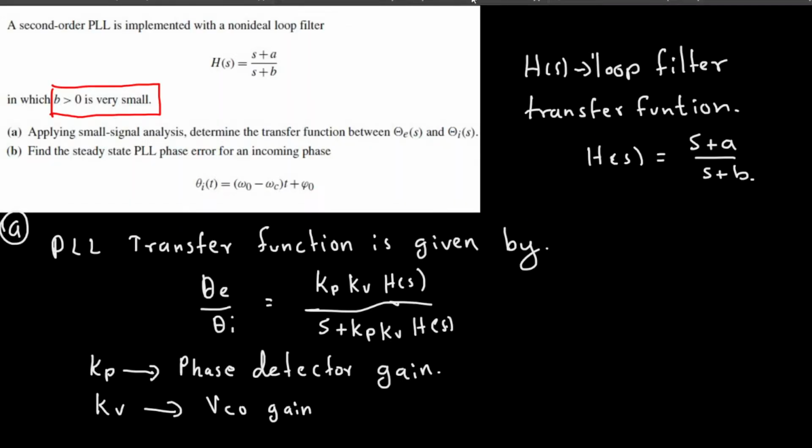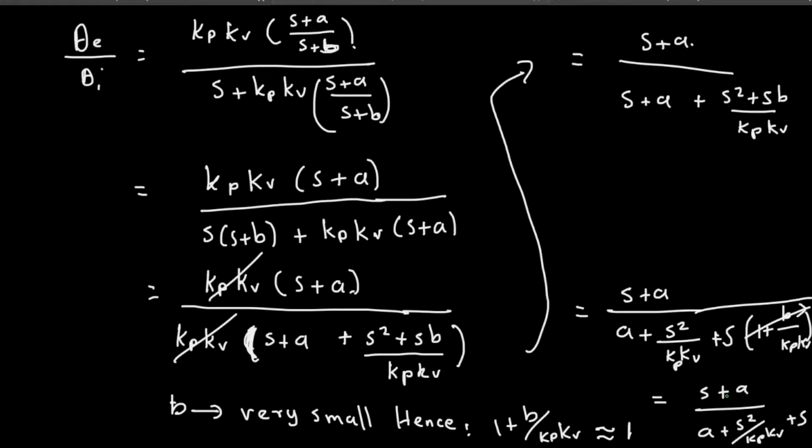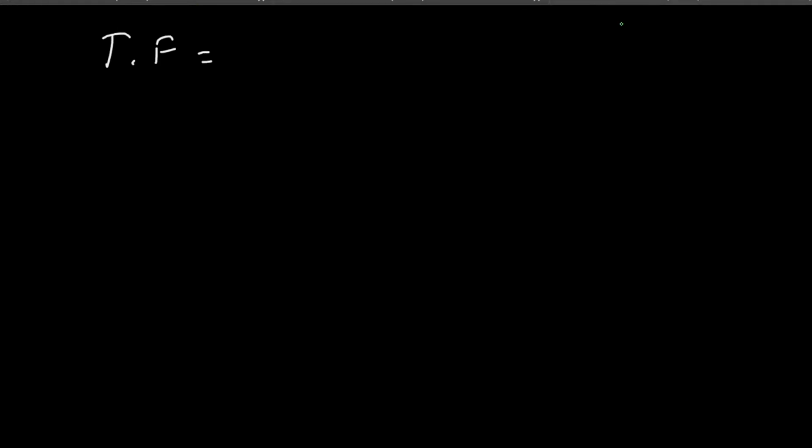So the transfer function is, if I multiply the top and bottom by kpkv, then this is going to be kpkv times s plus a.